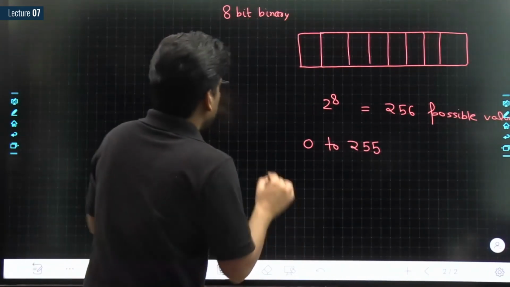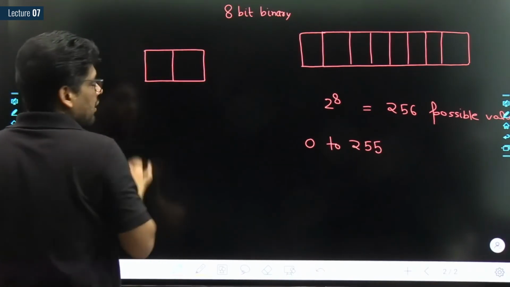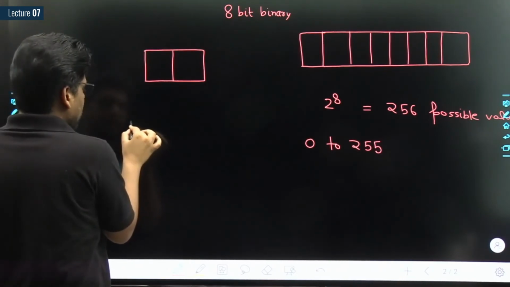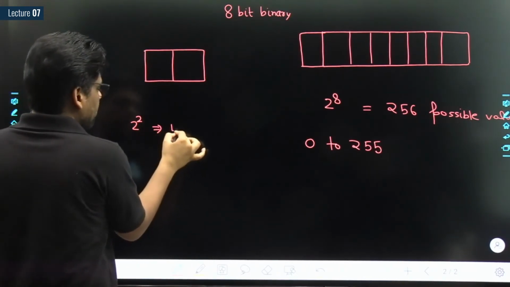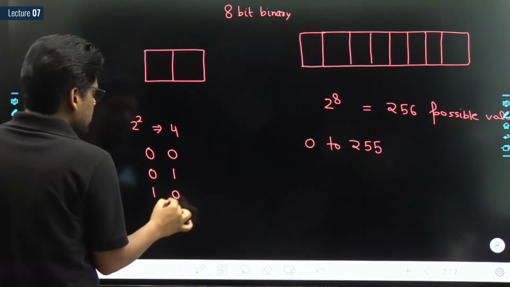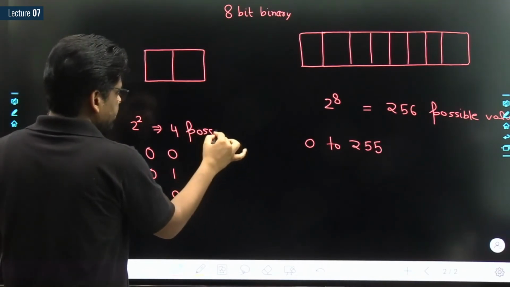Okay. Sir, if I have a 2-bit binary number, how many possibilities are there? Sir, 2 to the power 2, that means 4. Okay. What are these? 00, 01, 10 and 11. Sir, a total of 4 values are there.